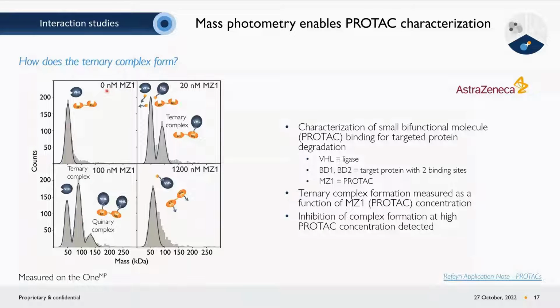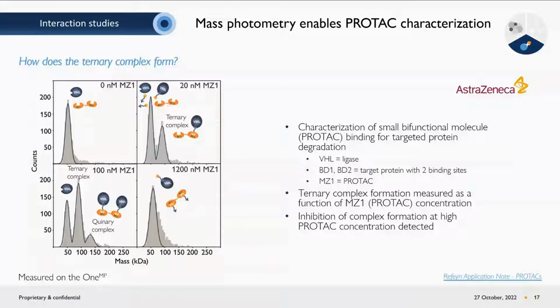And then increasing amounts of MZ1. MZ1 is the PROTAC. The idea is that the PROTAC binds to the ligase, brings it close to the protein, and this leads to the destruction of the protein. We only see one peak here because both of them have the same mass.